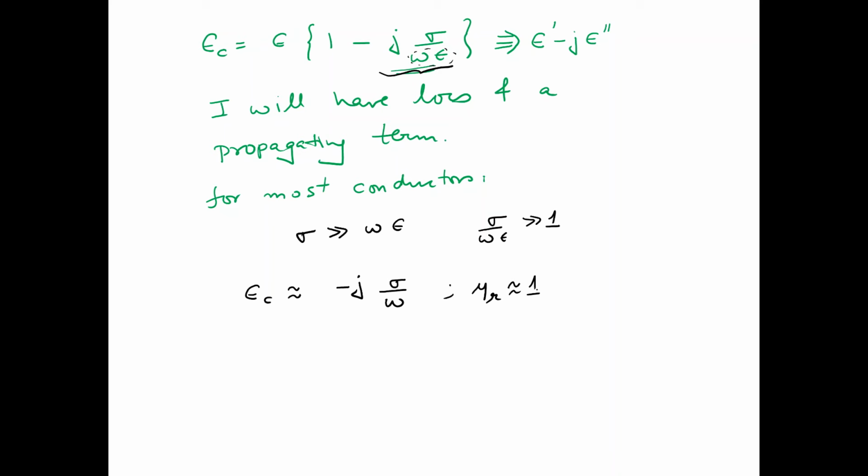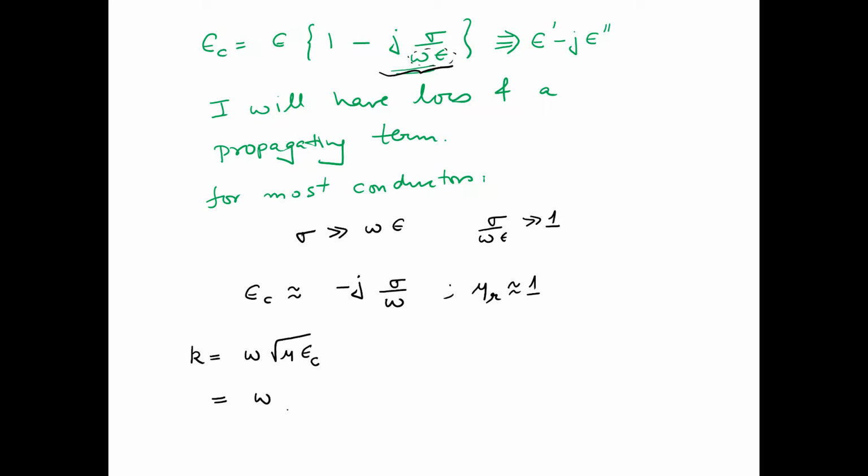And just going back to what we had discussed before, my k is omega square root of mu epsilon. If I substitute now for conductors, I have to just substitute epsilon with epsilon c.